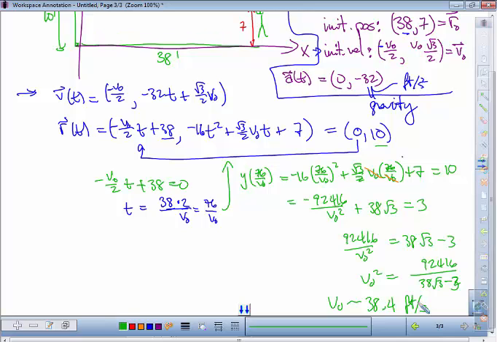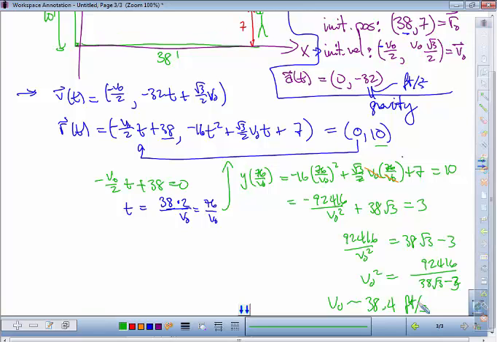So this time, instead of starting by giving you the information about the speed and angle of inclination, you have to find one of them. You're given the angle. We need to find the speed for you to be able to hit a particular target. So that's kind of like working it backwards.